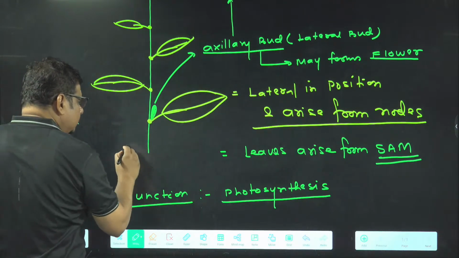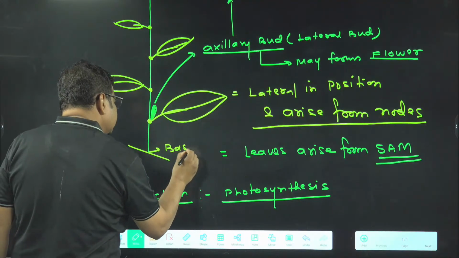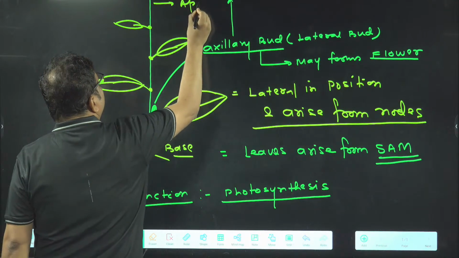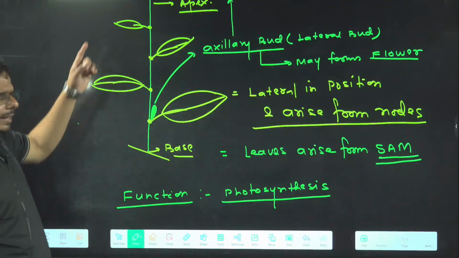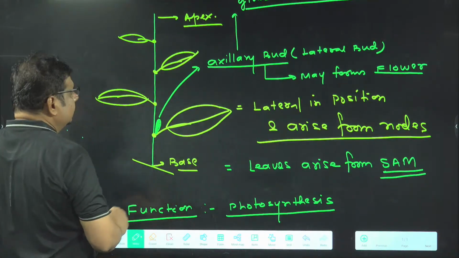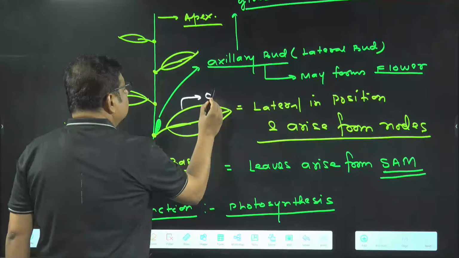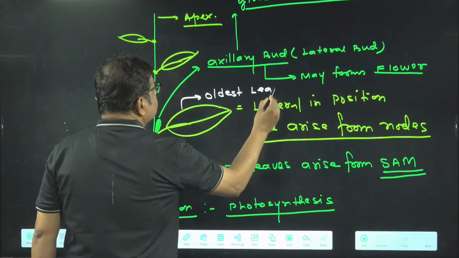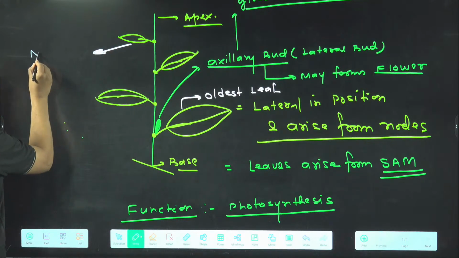Here you just see it is the base and it is the apex of the branches or stem. So what you are finding in the case of leaf, near the base, the oldest leaf is present, and near the apex, the newest leaf is present.